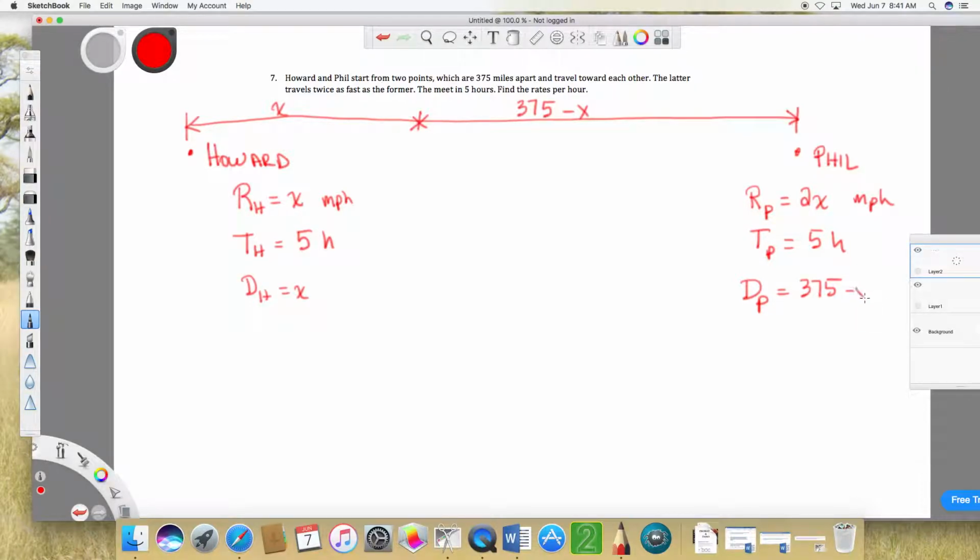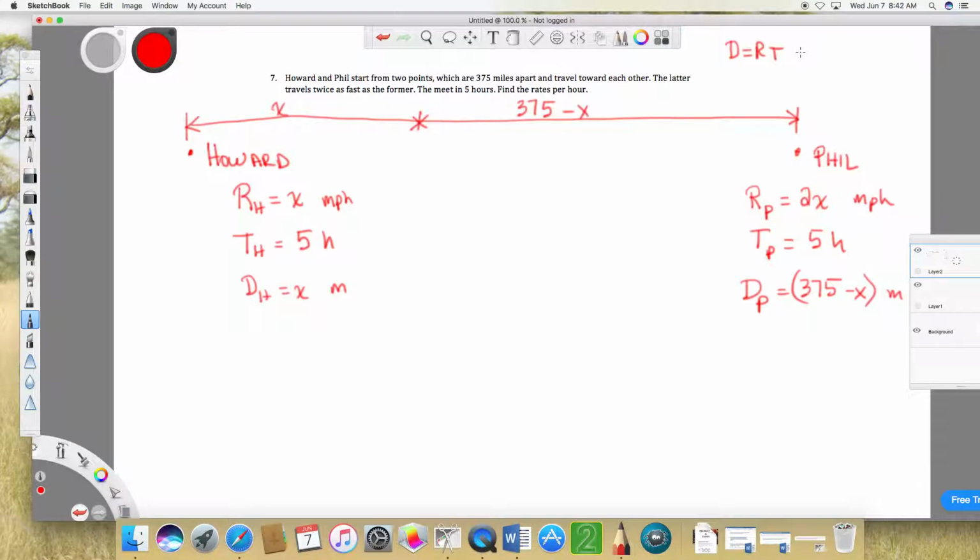Oops, I forgot my minus x. All right, and this is in miles, and this is in miles. So we know our relationship is distance is equal to rate times time.